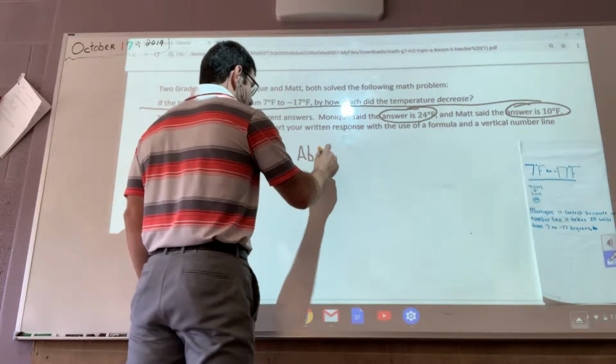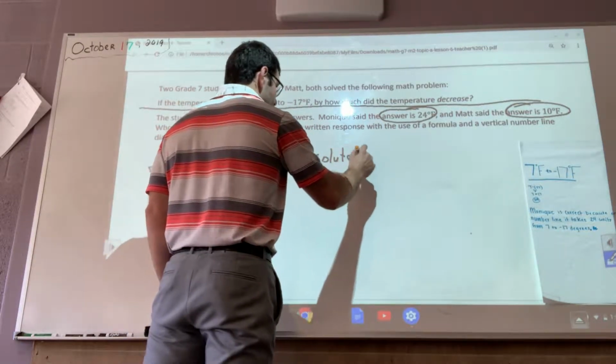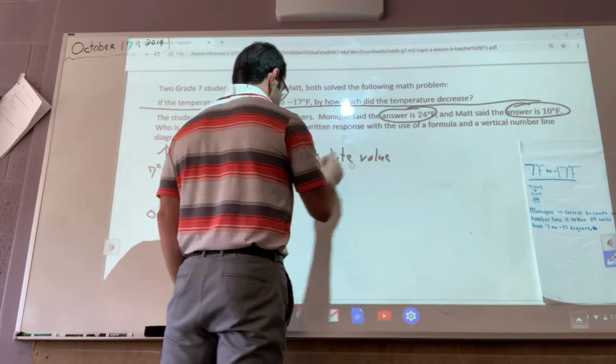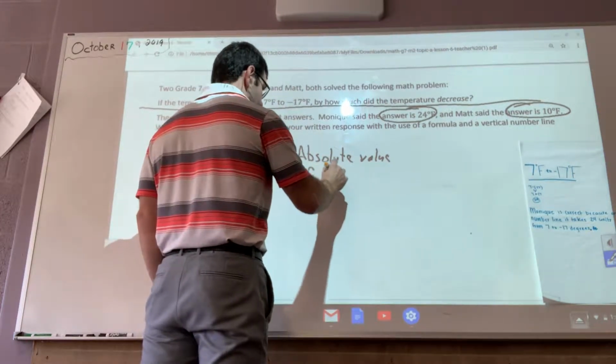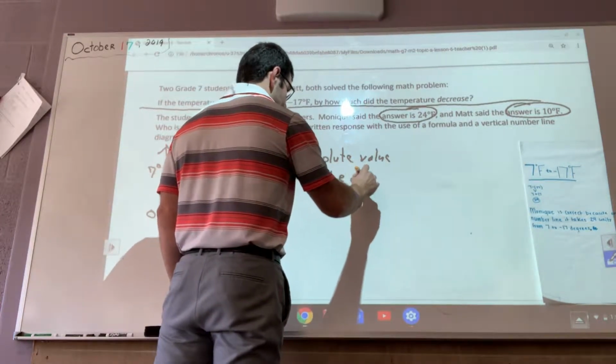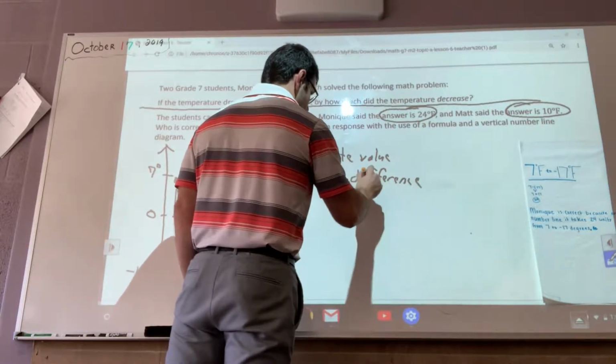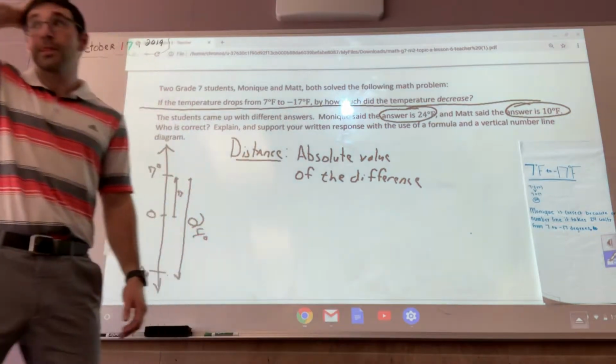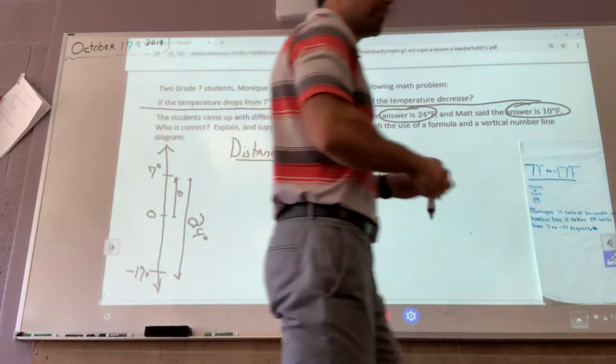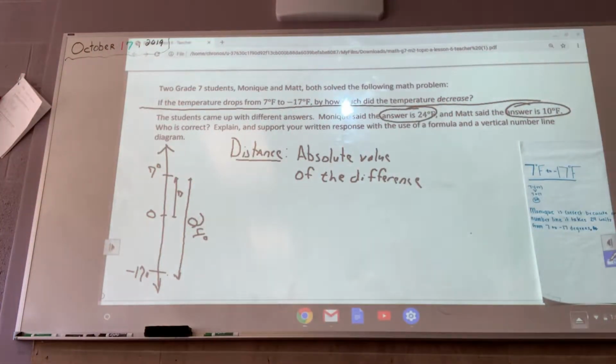So, it is the absolute value of the difference. One of the things that I like about Engage New York, it is forcing you to become better readers.